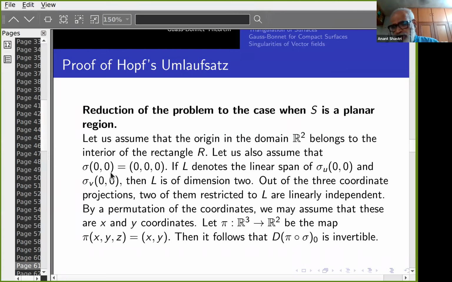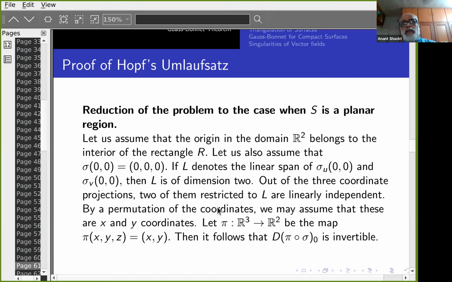By shifting the origin or by choosing the coordinates, I can assume this. If L denotes the linear span of sigma u at 0 and sigma v at 0, so take the derivatives at 0 and look at the span. That is a two-dimensional subspace.